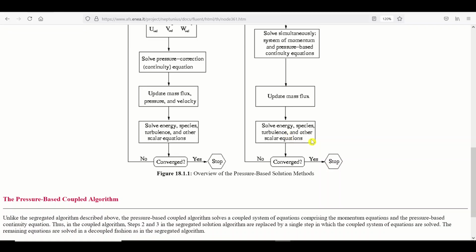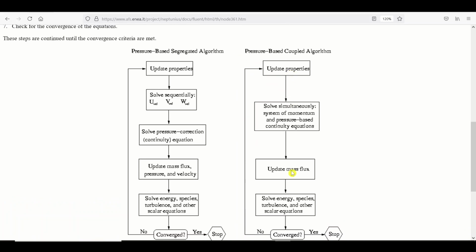Now after solving the equations, we are checking whether the numerical values for the momentum, the continuity, and the additional equations are below the benchmark value or not. If it is less than the benchmark value, then the solution is converged. If it is not less than the benchmark value, then we have to restart from the first of this flowchart.